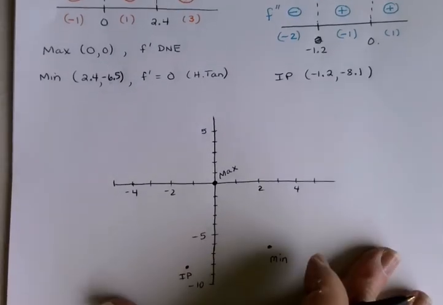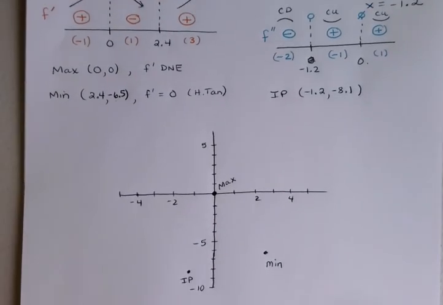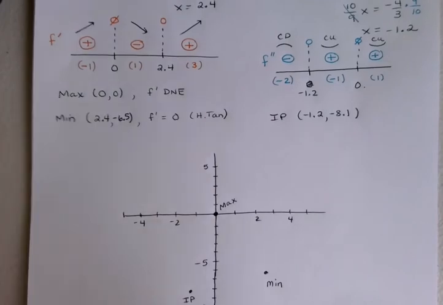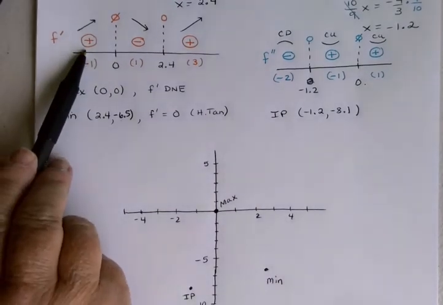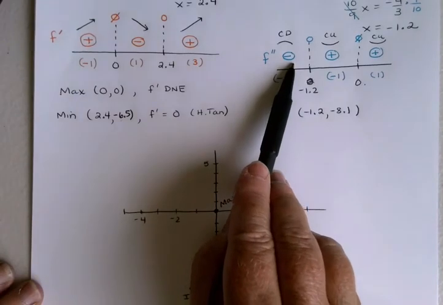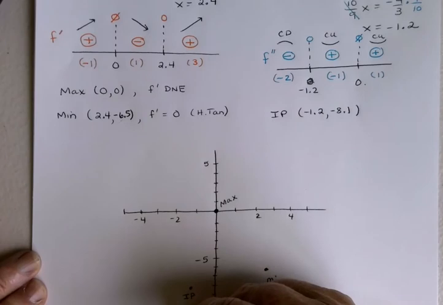All right, as I start to graph, I want to start increasing but concave down until I reach that first inflection point. So increasing but concave down.